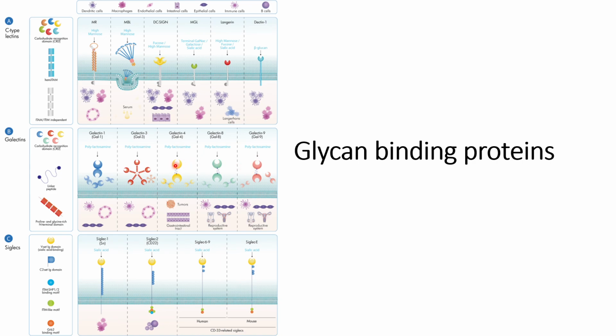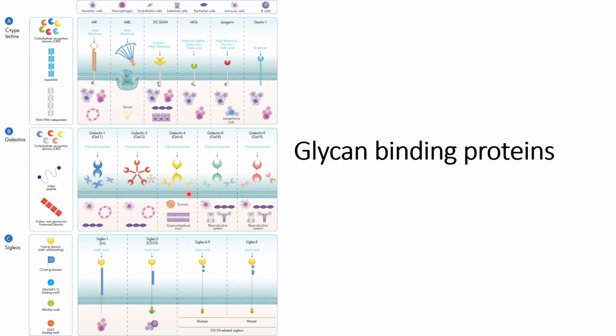In general, galectins 4, 8, and 9 can detect these proline and glycan rich structures. We can say that these are polylactosamines linked with a linker peptide, and in general they look similar.